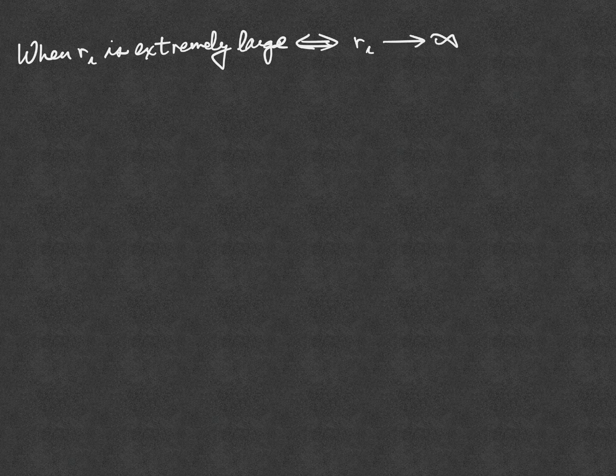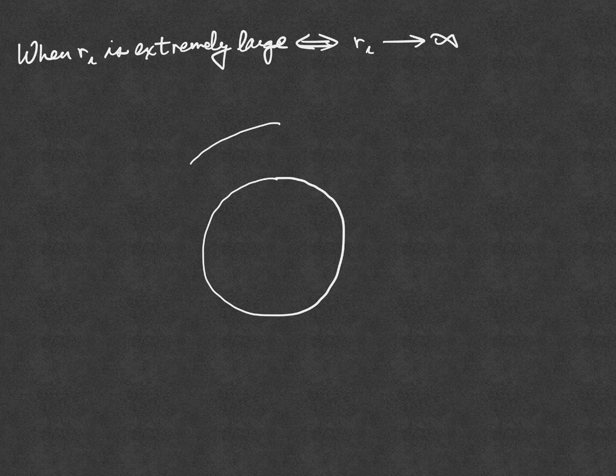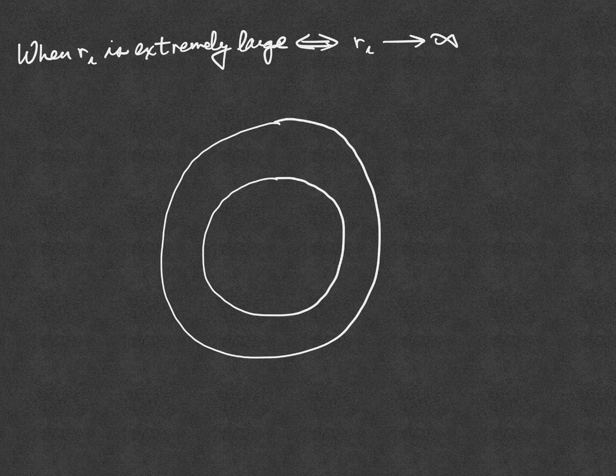Now, when Ri is approaching infinity, the bielliptic transfer takes on the following structure. Again, there are two transfer orbits, remember. There's an outbound transfer orbit and an inbound transfer orbit. The outbound transfer orbit, because Ri is going to infinity, essentially becomes a parabolic transfer orbit.